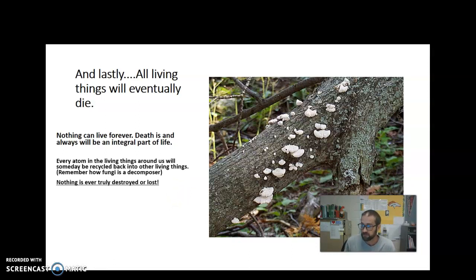If you think of the fungi field trip that we did, those are decomposers. Even though a tree might be dying, like in this picture, this fungus is actually eating on that dead material. So carbon atoms and water in here are going to make their way into another living organism. That's where we say right here, nothing is ever truly destroyed or lost.